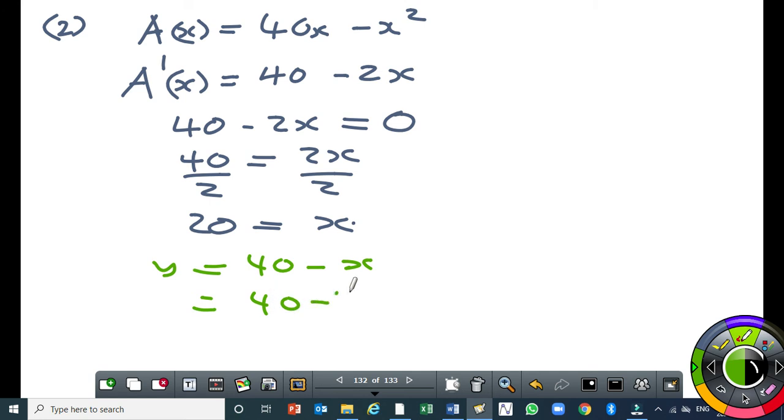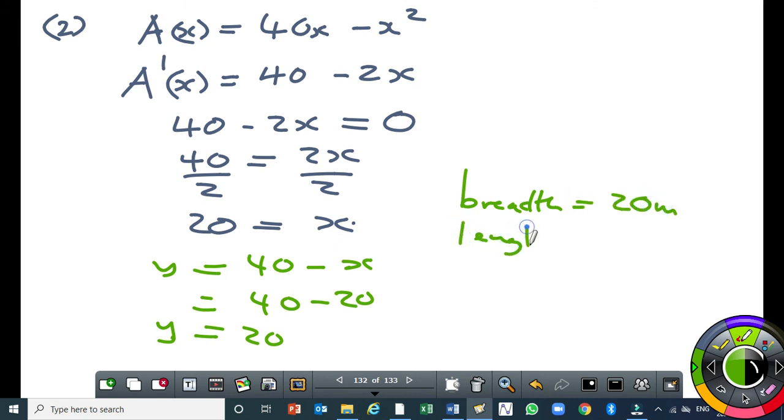Therefore, 40 minus 20, you get 20. So what this means is that the breadth is 20 meters. The length is also 20 meters. That's what it means. Okay. So I've answered that. I've determined the dimensions of that rectangle.